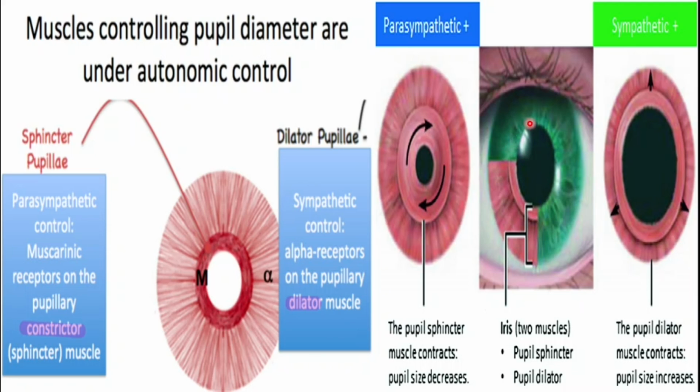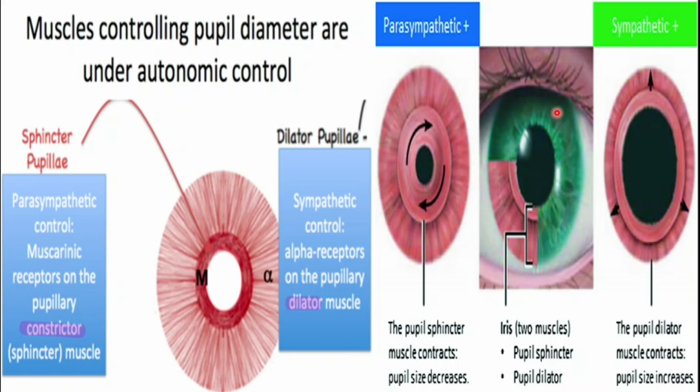The muscle of the iris close to the pupil is known as the sphincter muscle, or the pupil sphincter muscle.